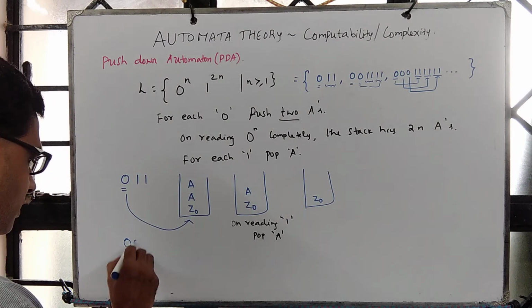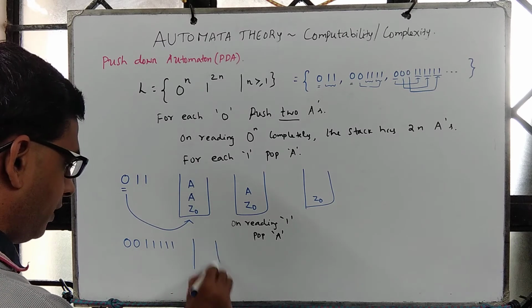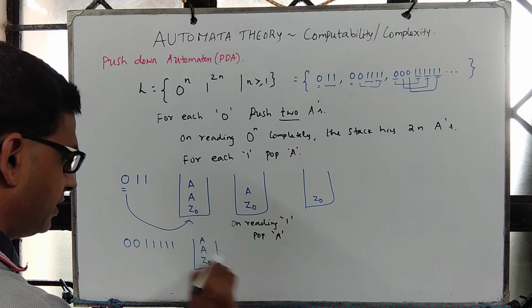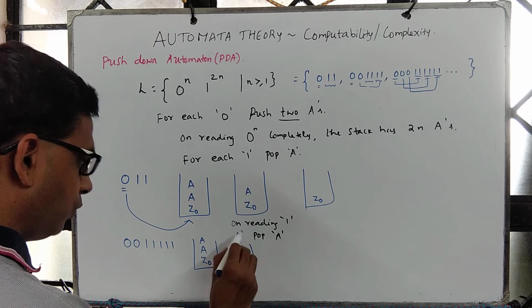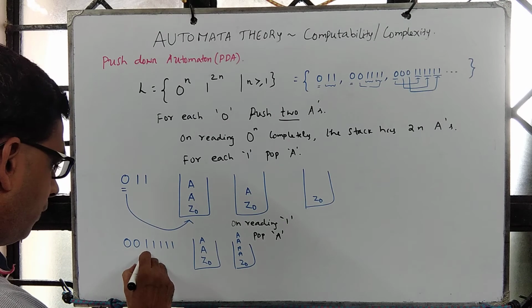Suppose the input is something like this, then for the first 0 there will be 2 A's. Then for the next 0 there will be 2 more. Then we start reading ones.